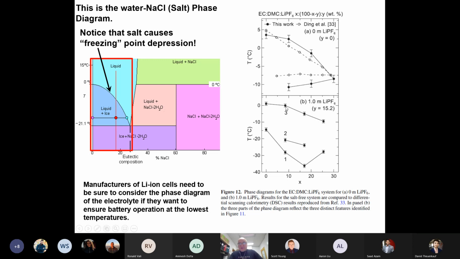And what are marked here are a liquidus line and then 2 other lines. Below line 1, everything is a solid.